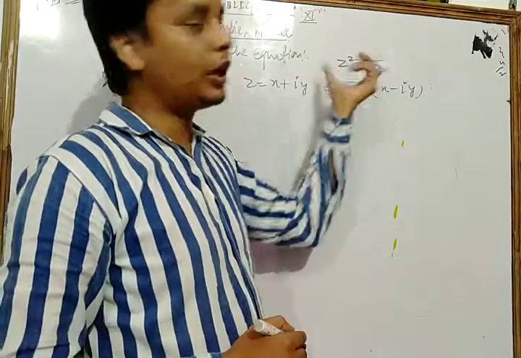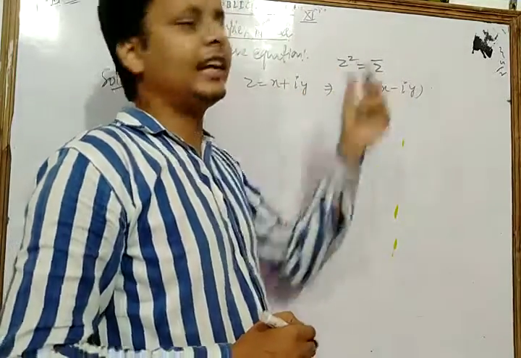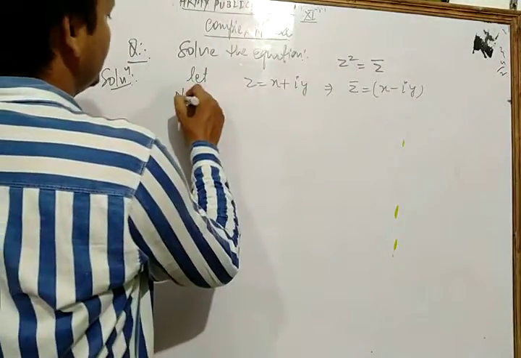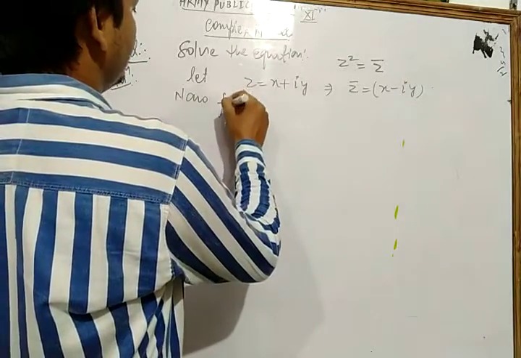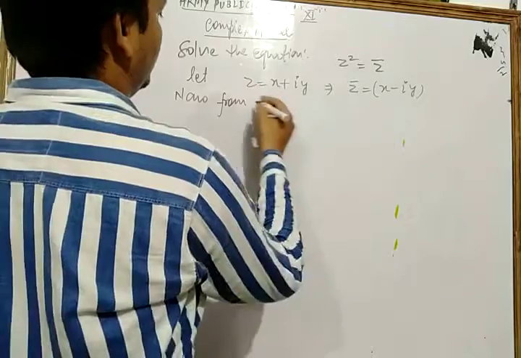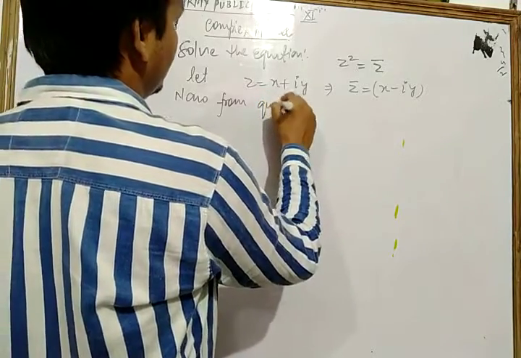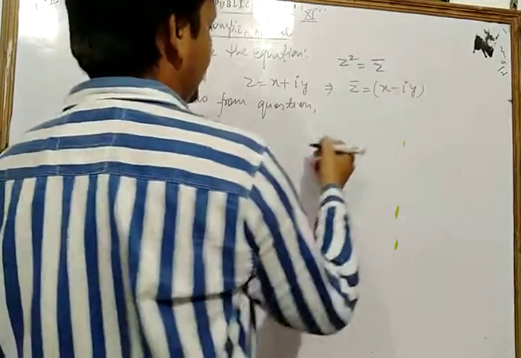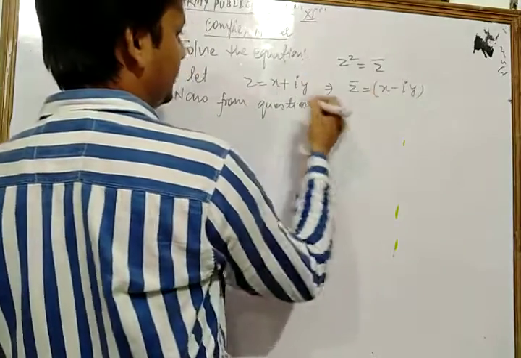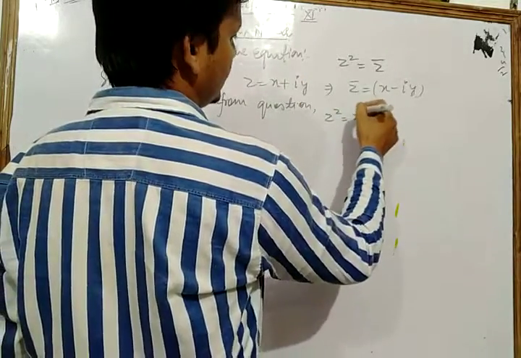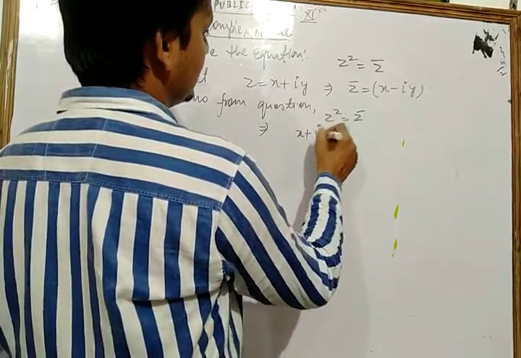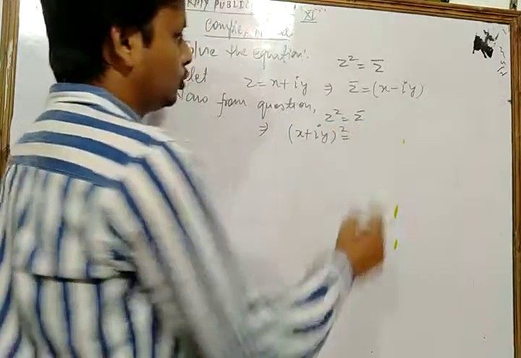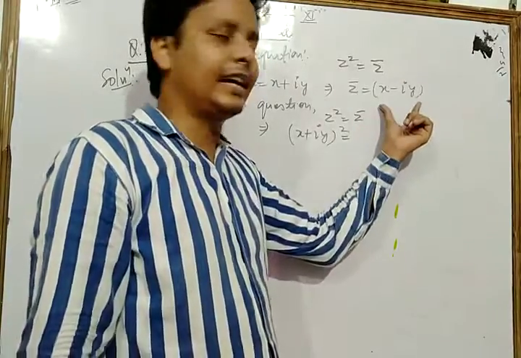Now, using the given equation, put the value of z and z bar in it. From the question we have z square is equal to z bar. So z square means (x plus iy) whole square is equal to z bar, which is x minus iy.